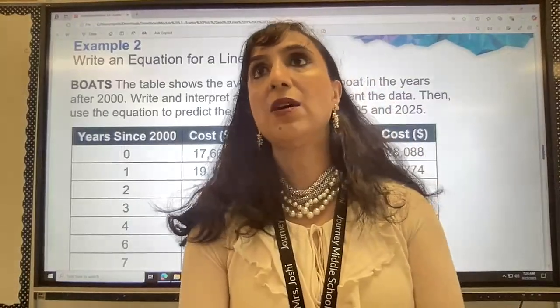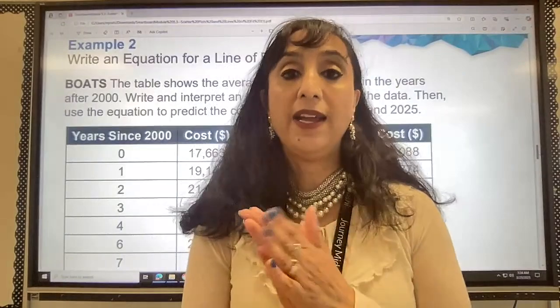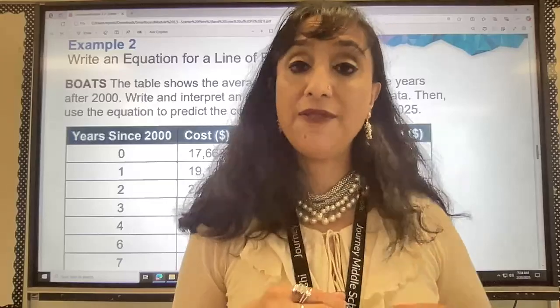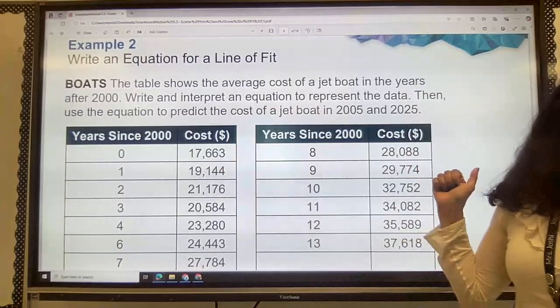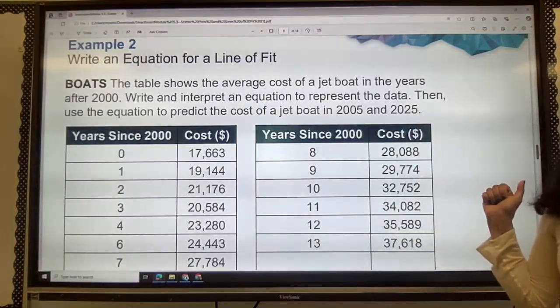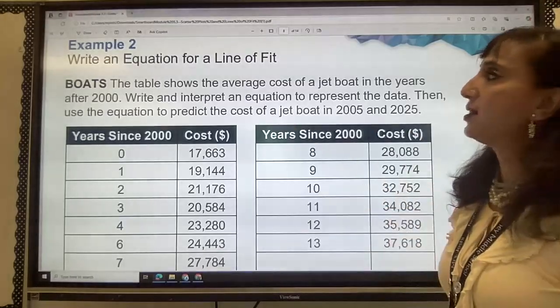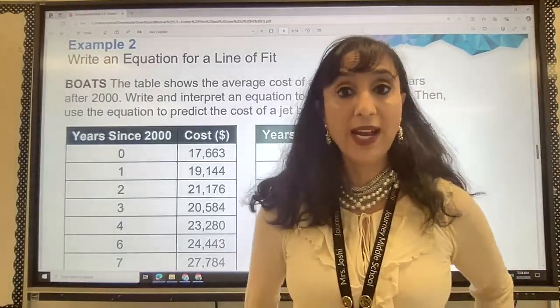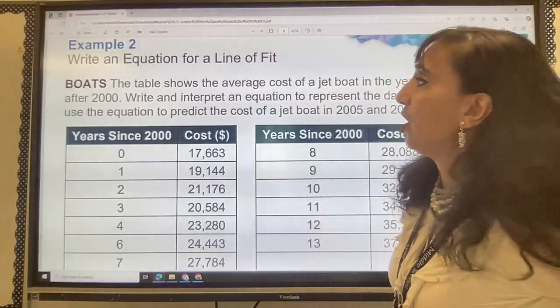All right, so let's talk about what a line of fit is. A line of fit is nothing but describing a trend of the data in the scatter plot. So we are now going to create a scatter plot using this data here, and then we'll talk about the steps involved in creating a scatter plot. It's talking about boats.